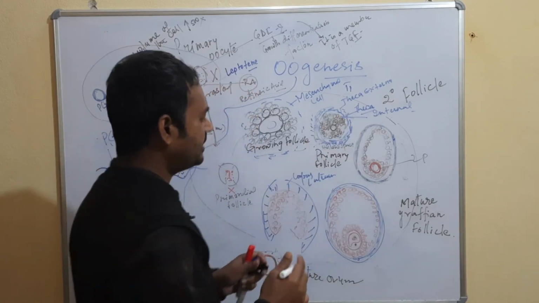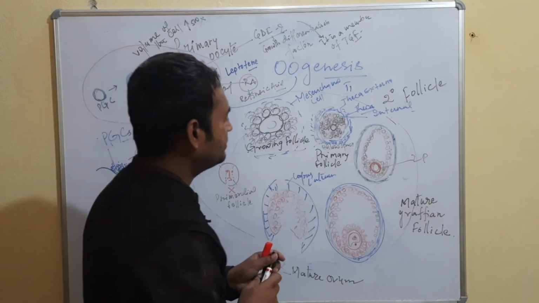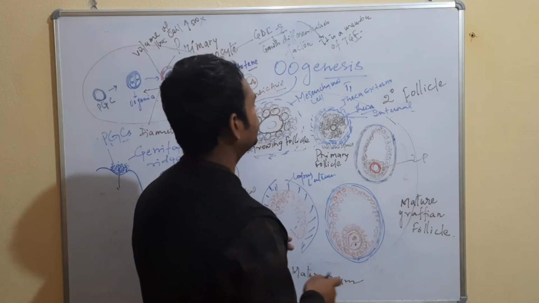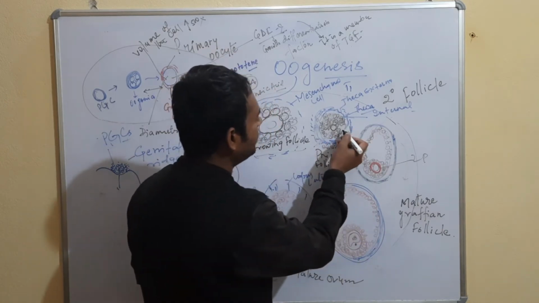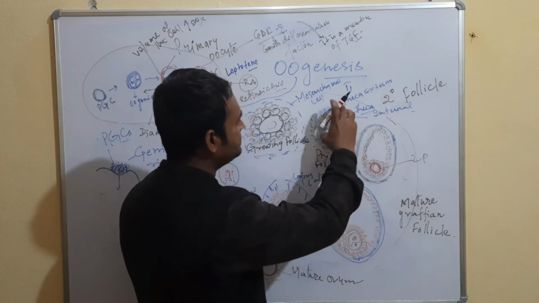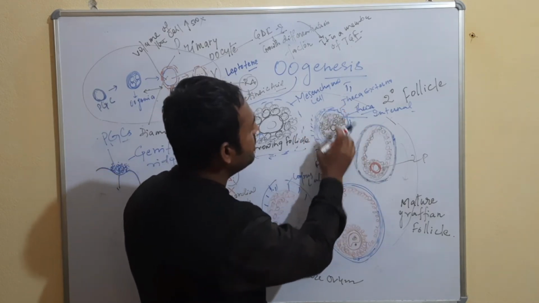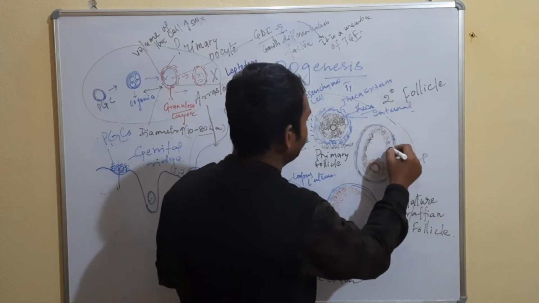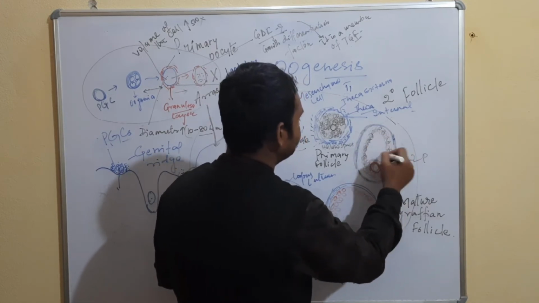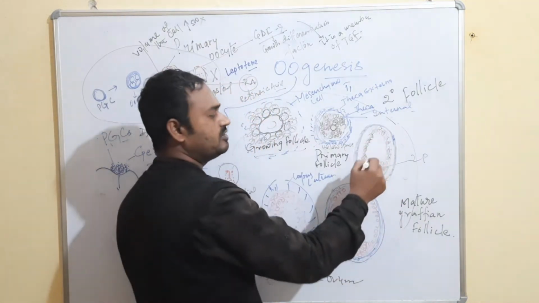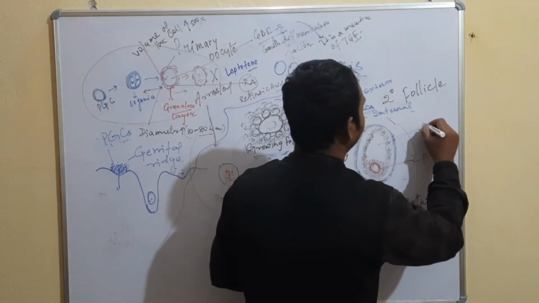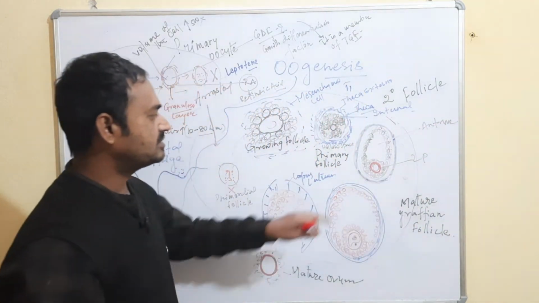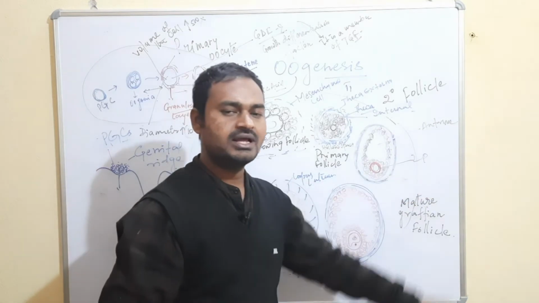Okay, after the further division, the cells over here will accumulate, the layer of the cells will accumulate, and a fluid filled space will be formed, and that will be called the antrum.